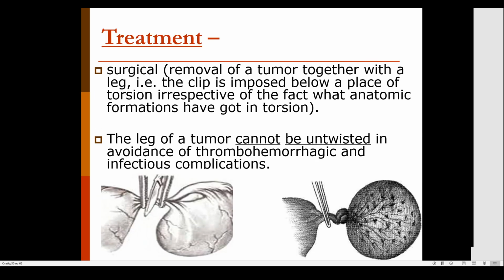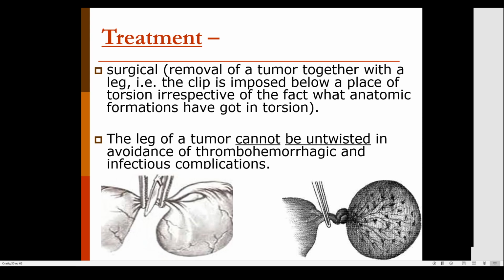If this happens, we usually use surgical treatment: removal of the tumor together with the leg. The clamp is imposed below the place of torsion, irrespective of which anatomic formations have been twisted. The leg of the tumor cannot be untwisted.